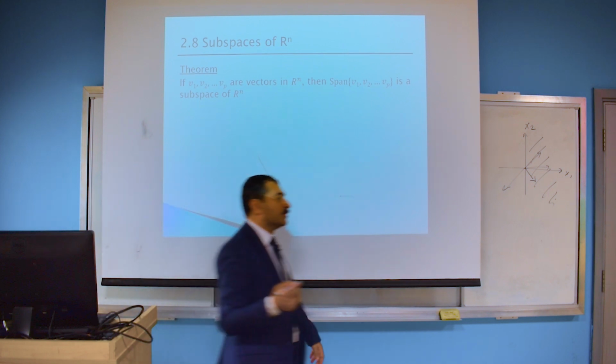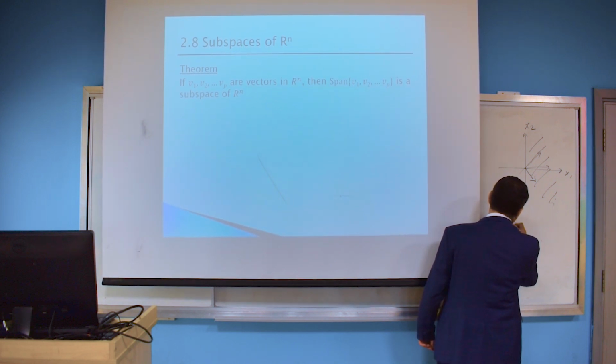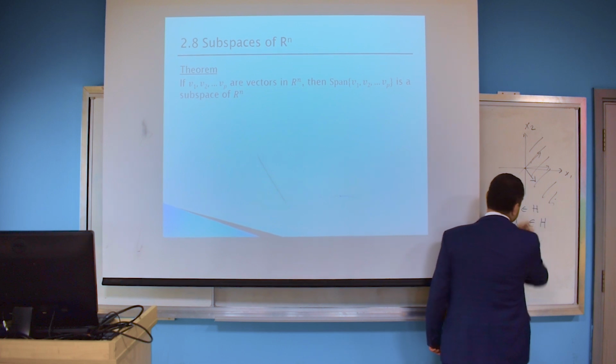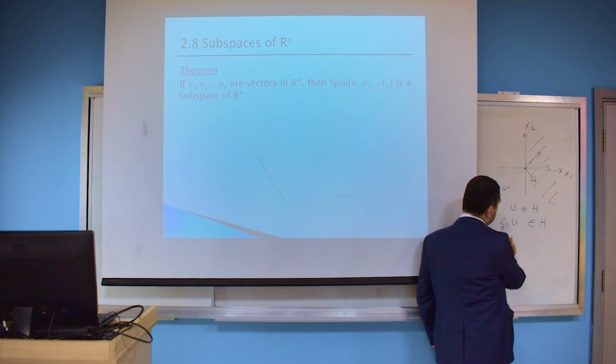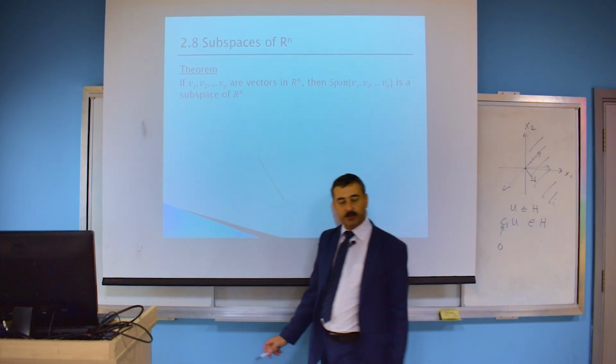This is a condition. We need to satisfy the condition that c·u belongs to H if u belongs to H, guaranteed for all c's. One of the c's would be 0, so I have to guarantee that the 0 is inside H.